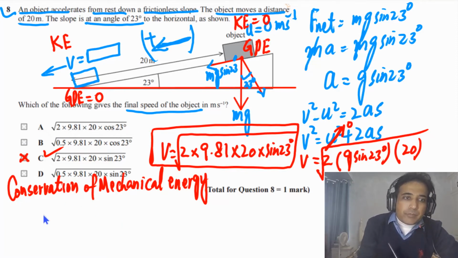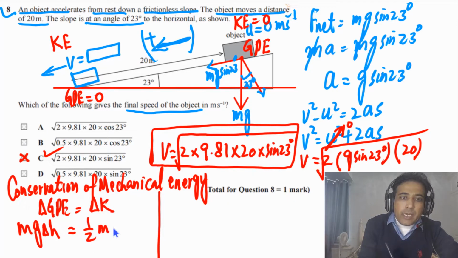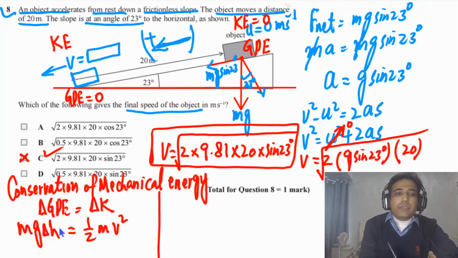Now from here we can write that the change in GPE has to be equal to the change in kinetic energy, and the change in GPE is mg delta h, and that has to be equal to 1/2 mv square, because the initial speed is equal to 0.